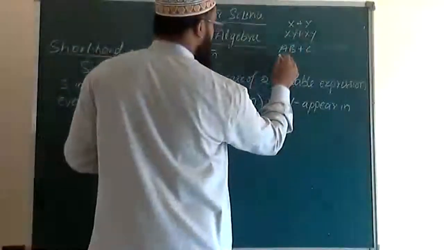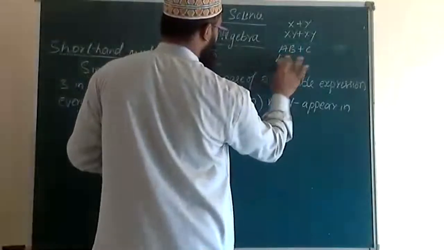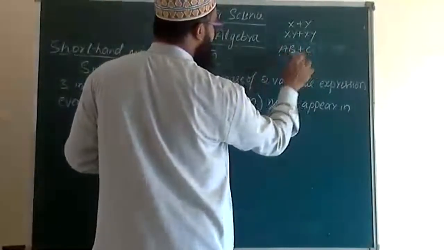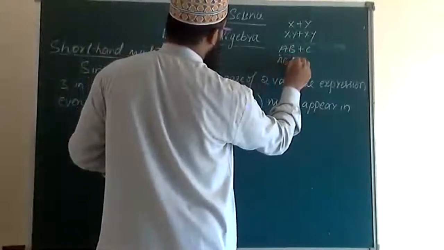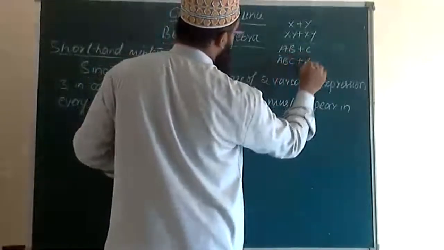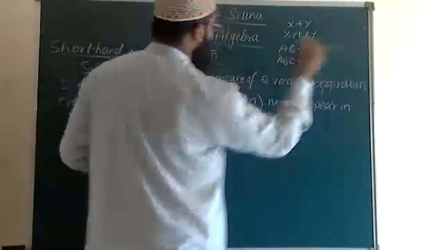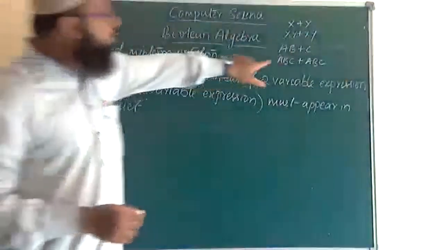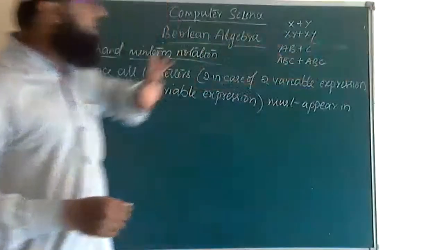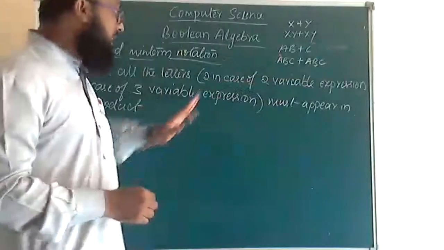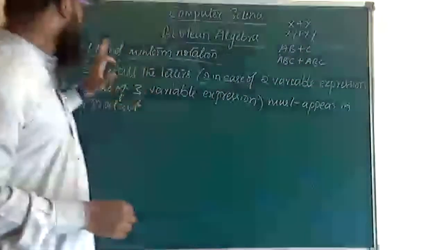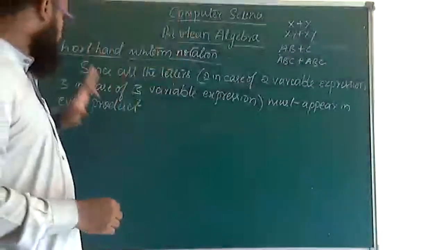This is the first product AB, then C is the second product. All three variables must be present in every product. This is the rule of shorthand mean term notation.